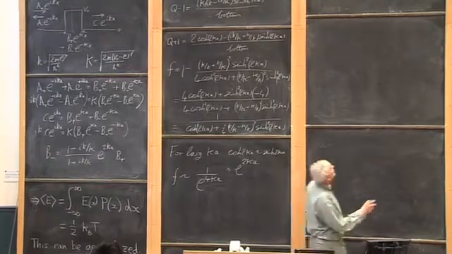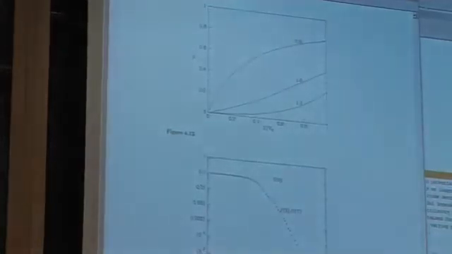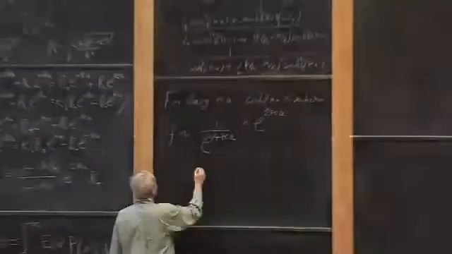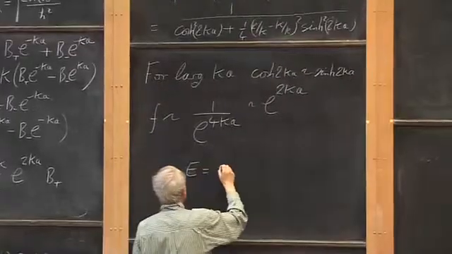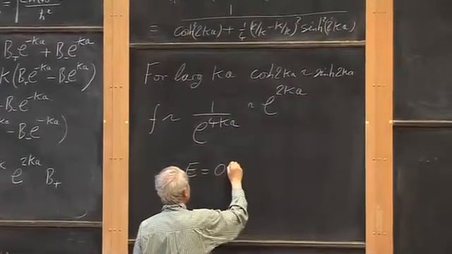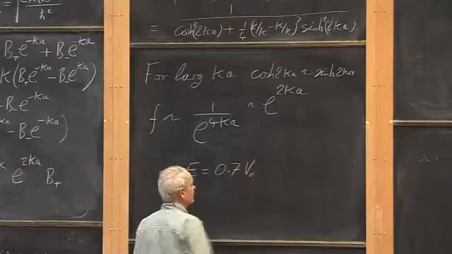Right, so these results are for a barrier which is not terribly high. So we have that E is equal to 0.7 V0.